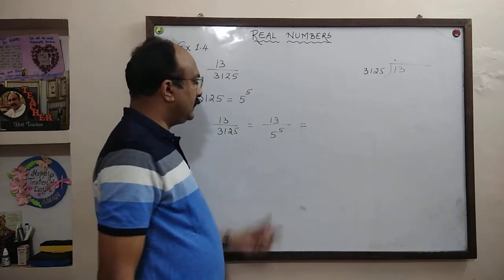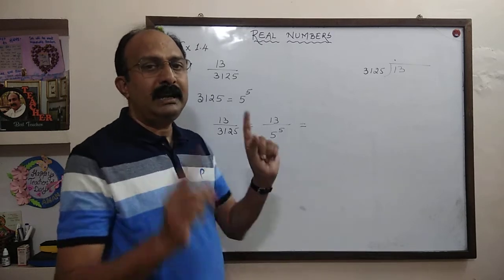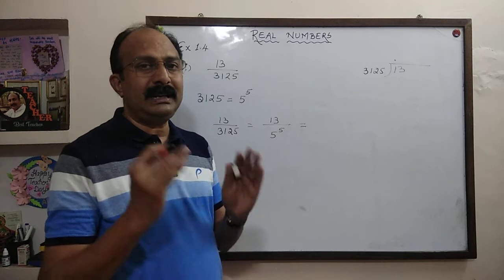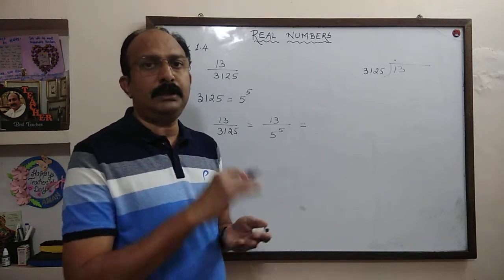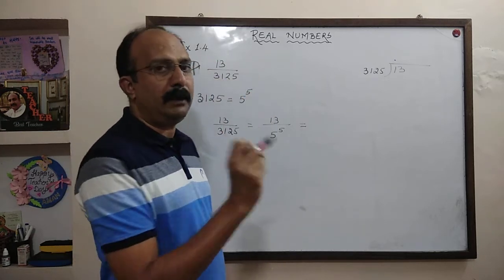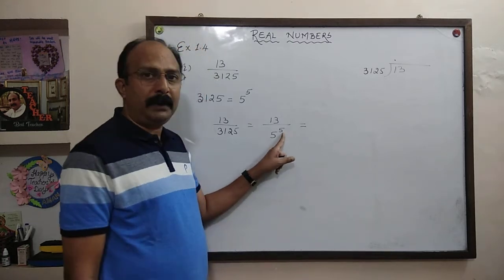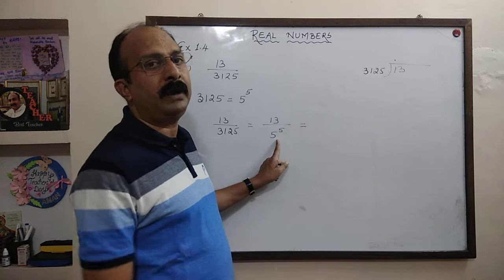We can make the denominator into the form of 10 power something. If the denominator is 10 raised to something, then it is very easy to change it into decimal form. 10 power anything means only you have to put decimal by counting the number of zeros. Since we have already 5 power 5, we can make it into 10 power 5.